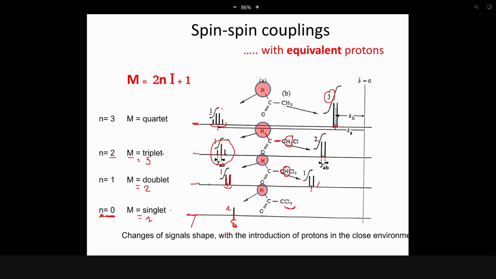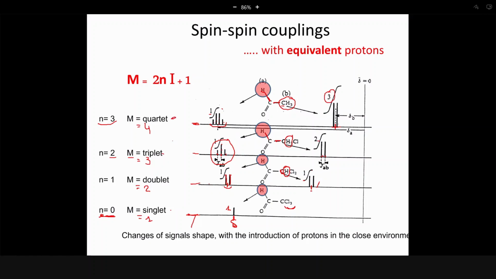And this is closely related to the proton of the aldehyde group, because it's a doublet. So if I consider the aldehyde group, I see we have 4 lines. If I have 4 lines, that means that on the neighboring carbon, I have 3 protons. M equal 4, I have 4 lines. This is called a quartet.